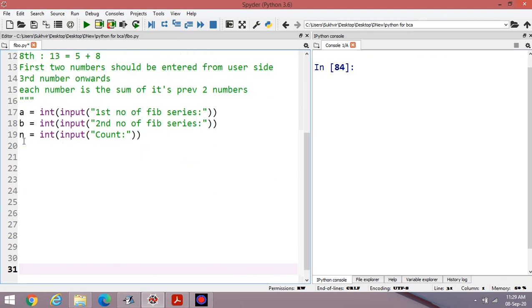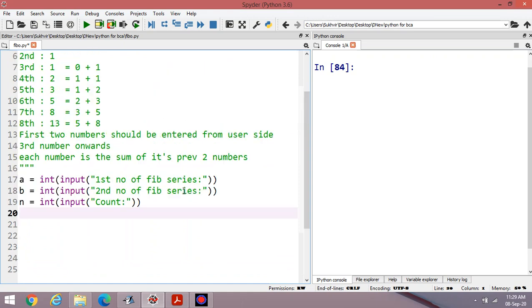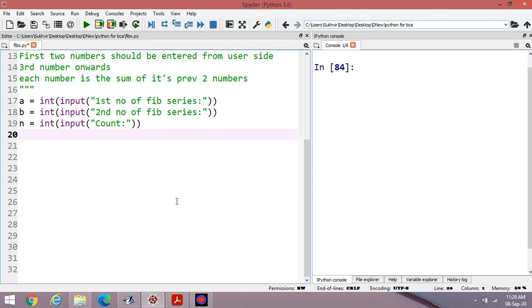This one is required. Now what next? Suppose I am using a for loop here: for i in range, 1 to n plus 1. Now why n plus 1? Because if I am entering n is equal to 7, I have to write the code from 1 to 8 so that I can display 7 numbers.